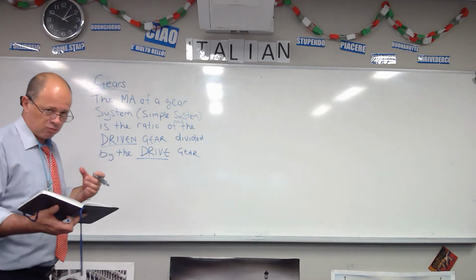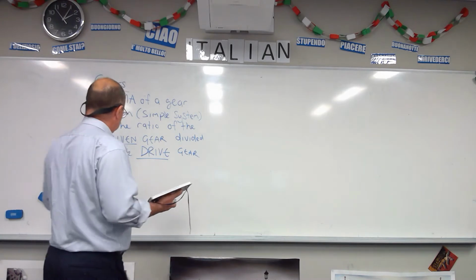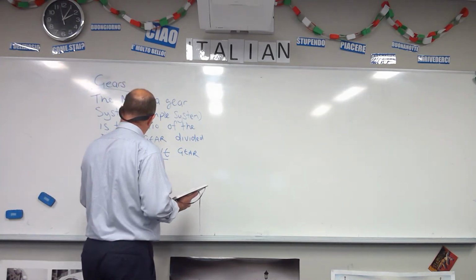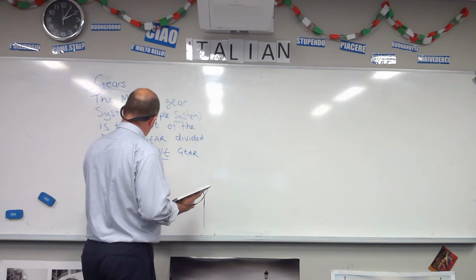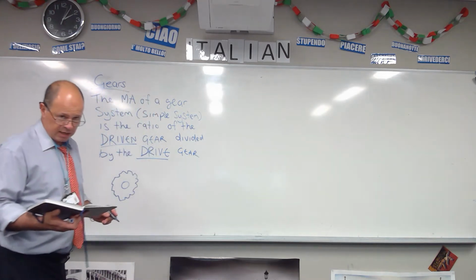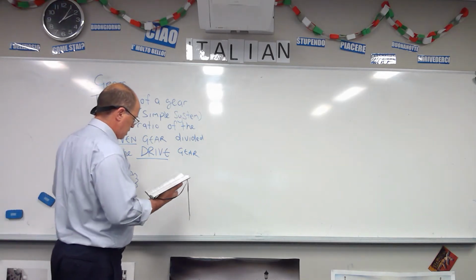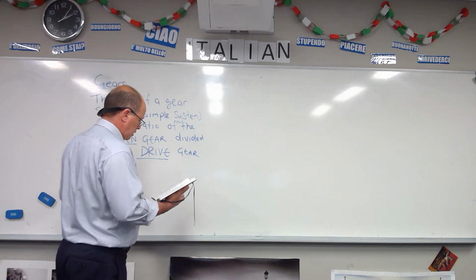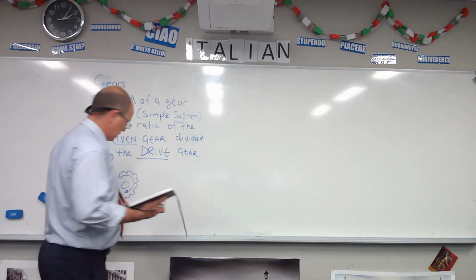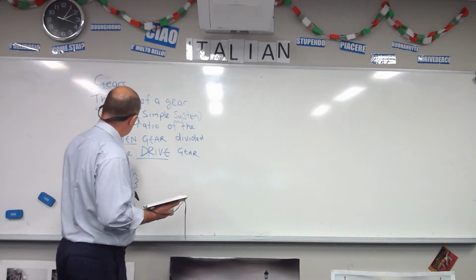So let's look at a really simple example of a gear system. Say we had, and I'm not going to count the teeth on this gear, I'm just going to write how many teeth it has on it. Say we had a 10 tooth drive gear, moving in the direction of the arrow that I'm drawing on the gear, and I'm going to write above it 10 teeth.